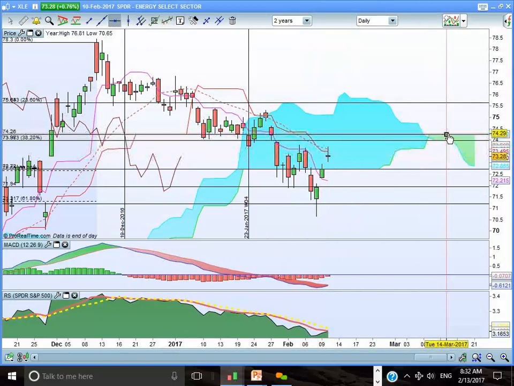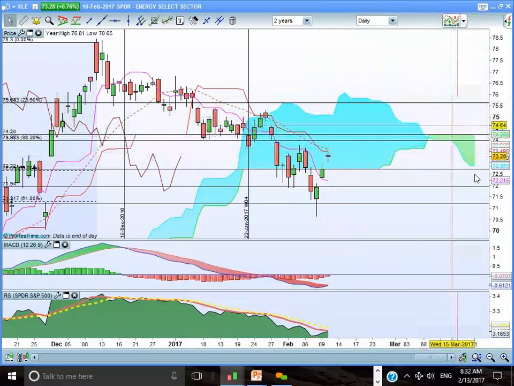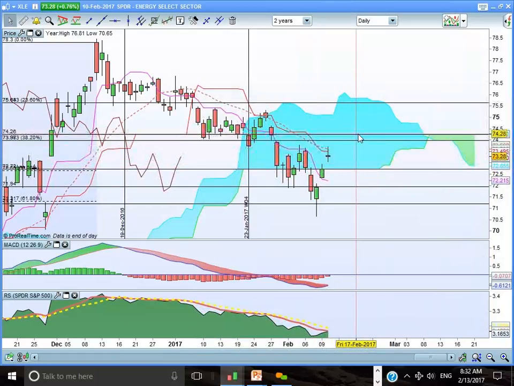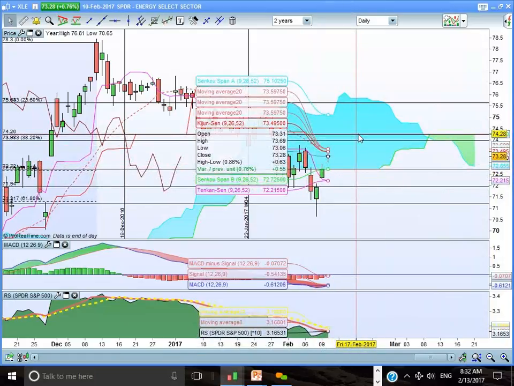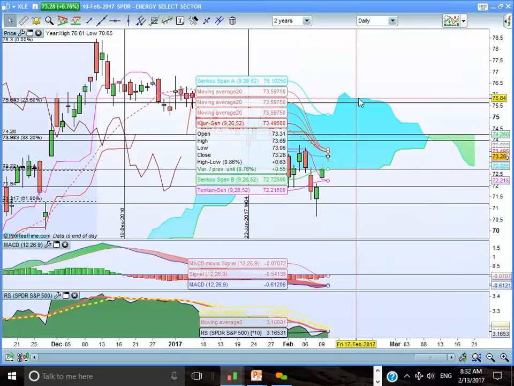We note that this zone here at 74.29 is the first resistance zone to look at. The front end of the cloud does indicate that we have a downtrend in place, so be aware that you're trading counter trend. But with a successful retest of this bottom end of the cloud support, we could see a rally back up to 74.28, and then if the rally maintains momentum, it's going to go back up to the top end of the cloud here for resistance.